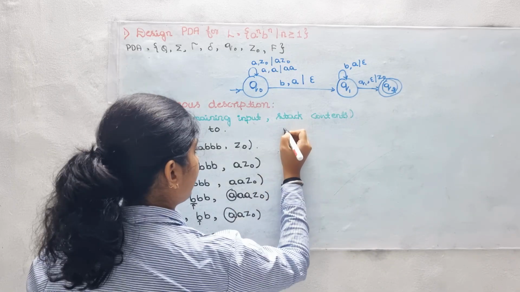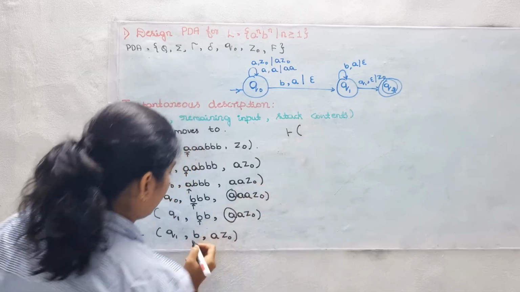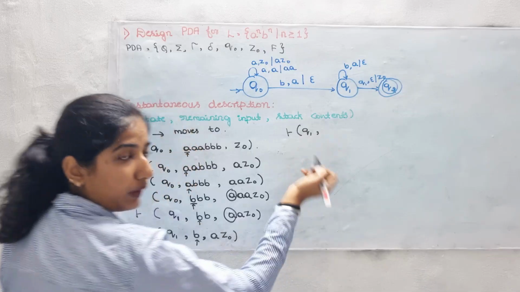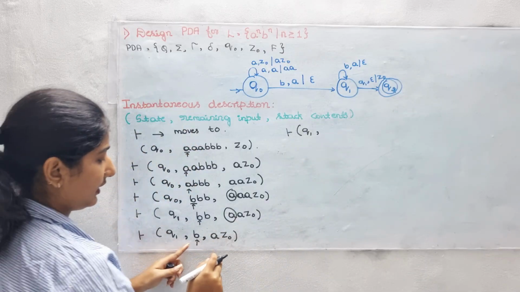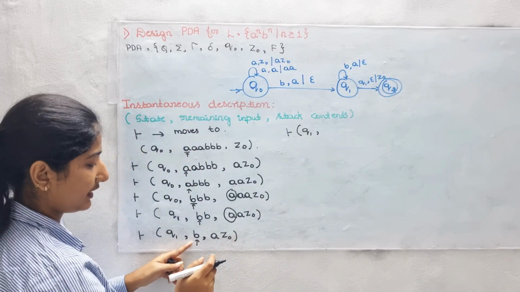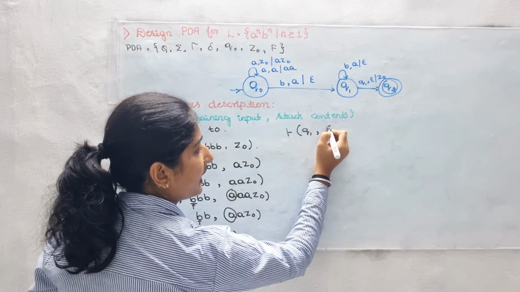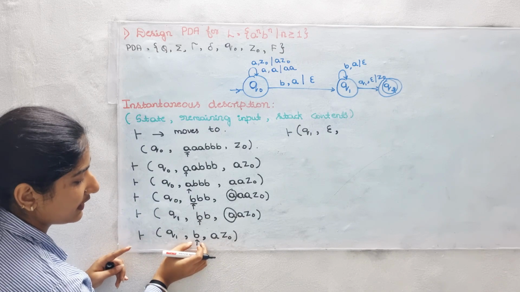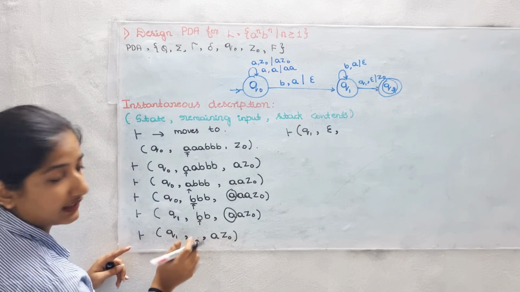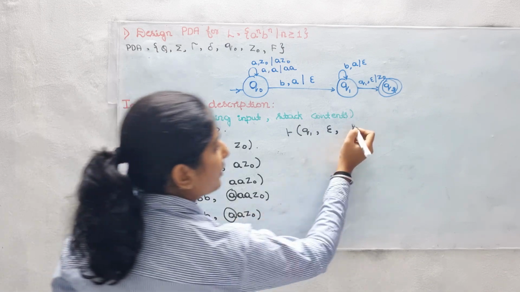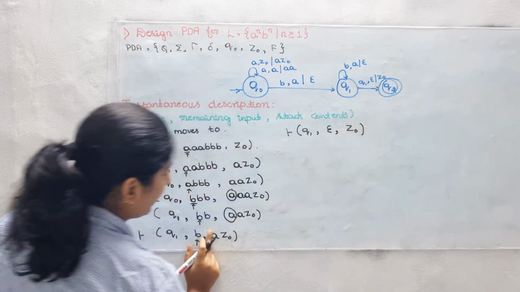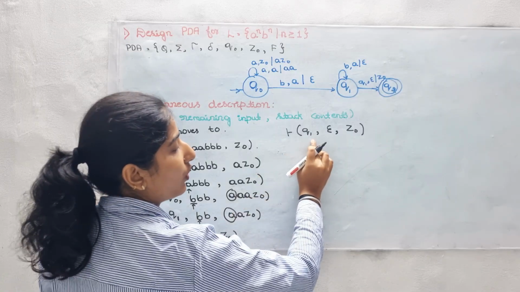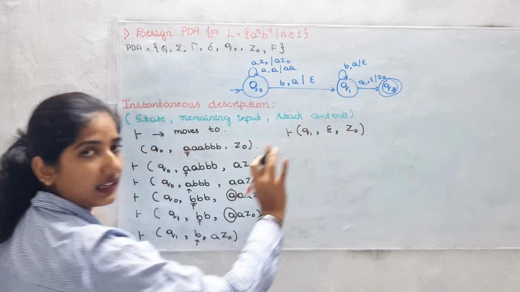I am staying in state Q1 only, and the remaining input becomes epsilon, because there is nothing left. So epsilon, Z naught.